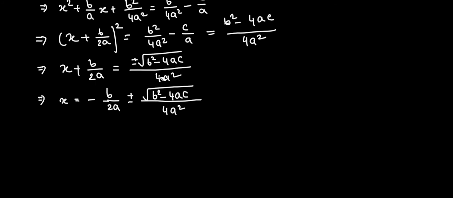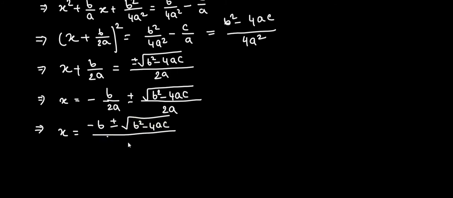Sorry, we made a mistake over here. It should be 2a and this should be 2a. Now the value of x should be minus b plus minus root over b square minus 4ac upon 2a.